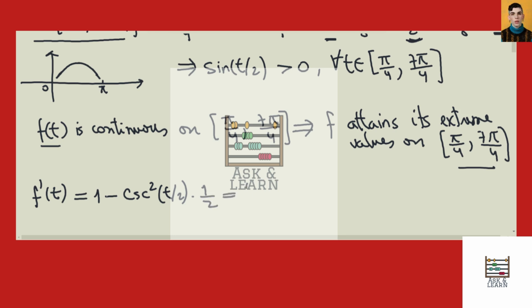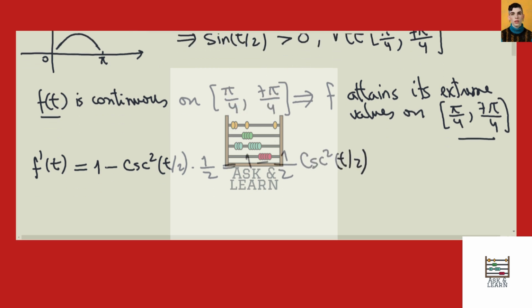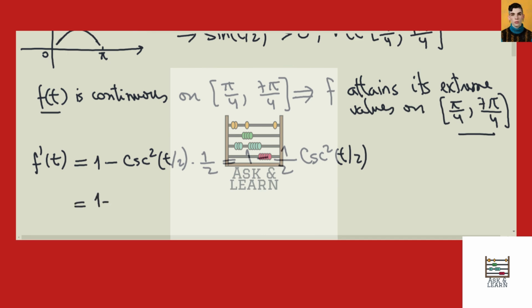So we get 1 minus 1/2 of cosecant square of t half. And that's equal to 1 minus, since cosecant square is 1 over sine square of t half, we get 1 over 2 sine square of t half.